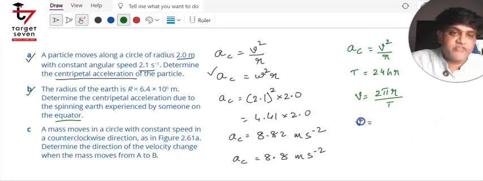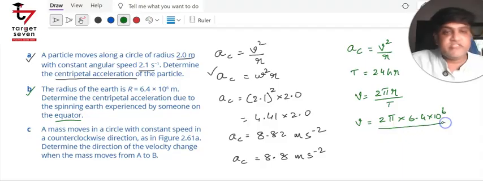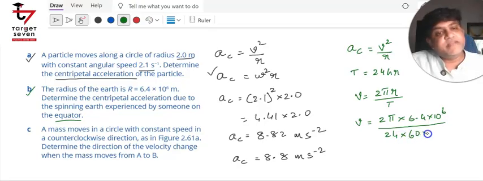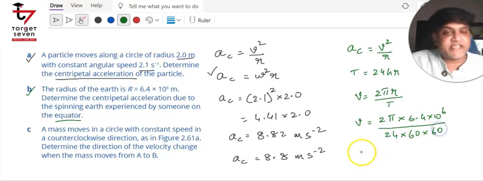Substituting the values, I will end up having 2 pi, the value of r is 6.4 into 10 to the power 6, all of this divided by the time period, which is 24 hours. So 24 hours, each hour has got 60 minutes and each minute has got 60 seconds.